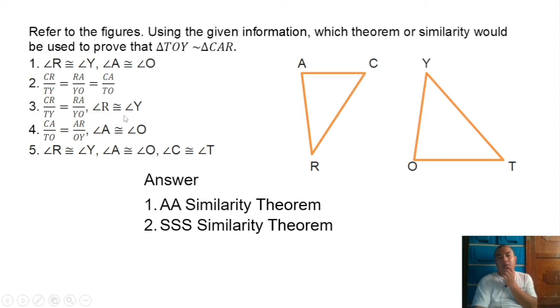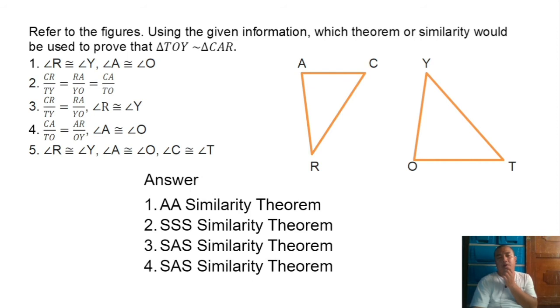How about number 3? SAS similarity theorem. Two corresponding sides are proportional, and at the same time, one pair of angles is congruent. Number 4, SAS similarity theorem also. And for number 5, AAA similarity postulate.